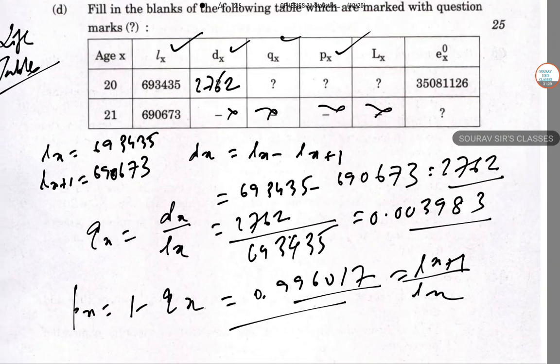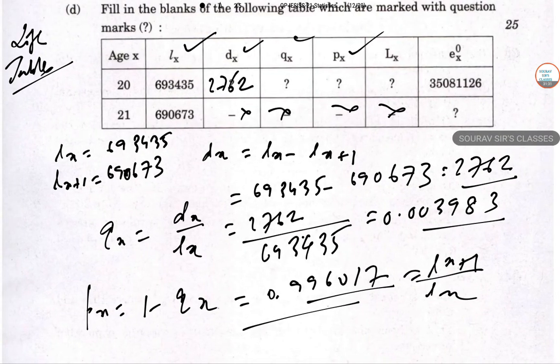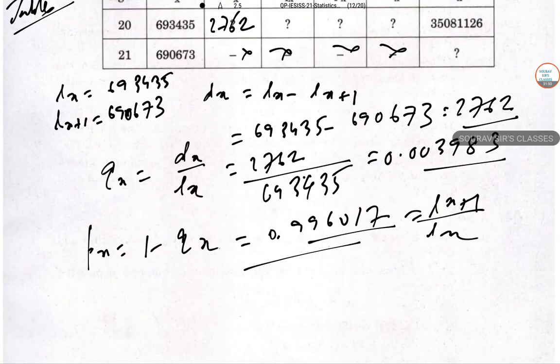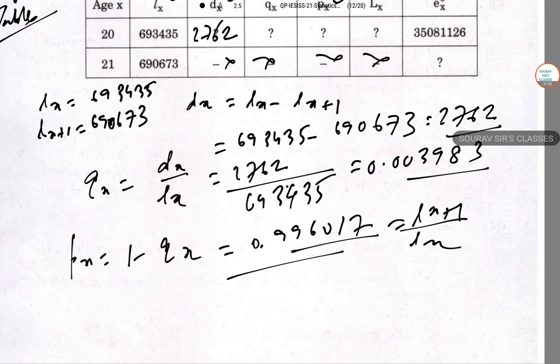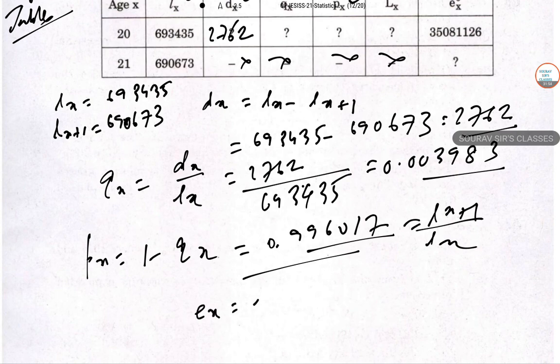Next one: anything else? Yes, there is e of x to the power 0, which is already given. This will help us find out the other parts as well. For example, there is a relationship: ex equal to ex0 minus half.